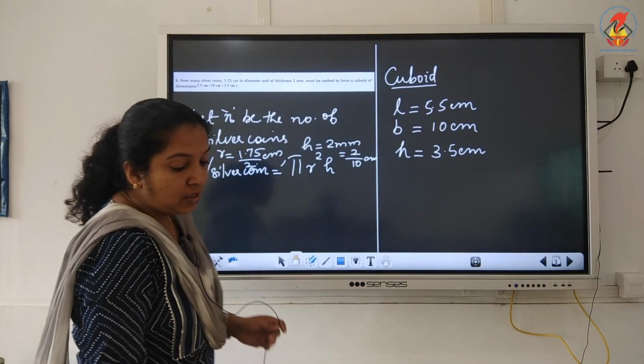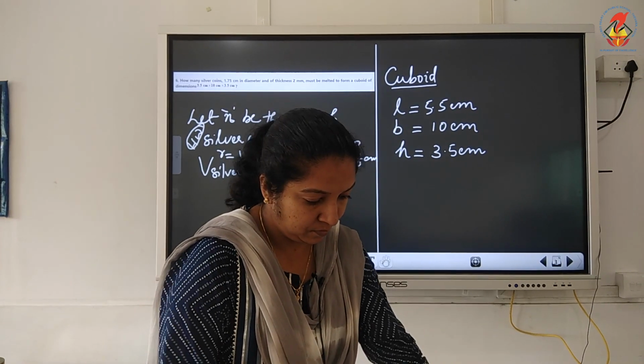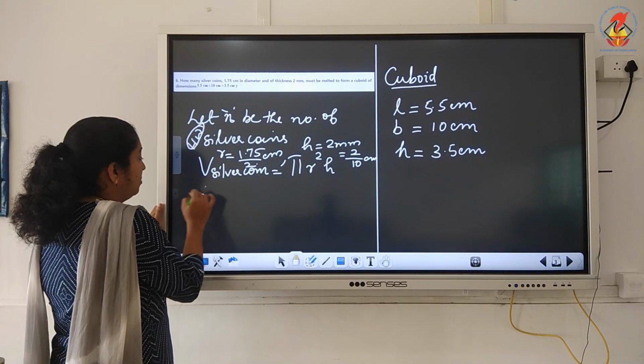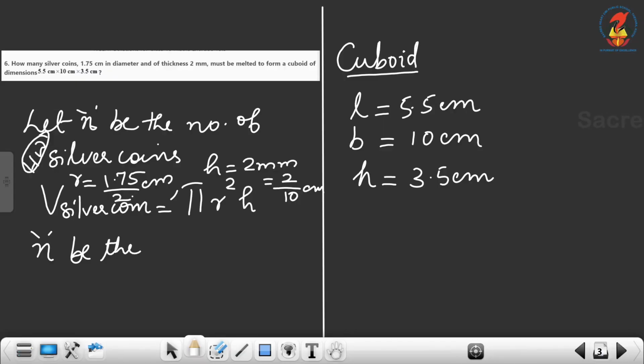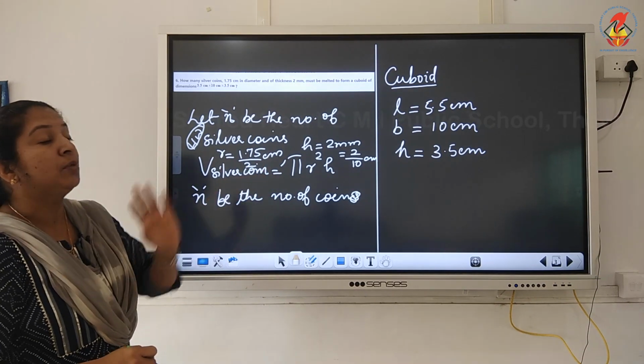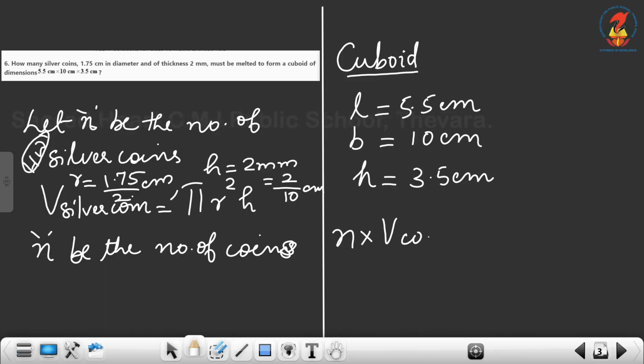Let n be the number of coins. So the relation is n into the volume of one coin is equal to the volume of the cuboid.